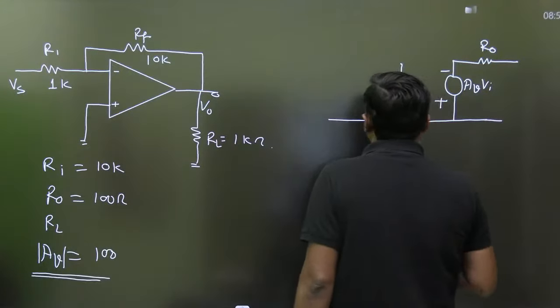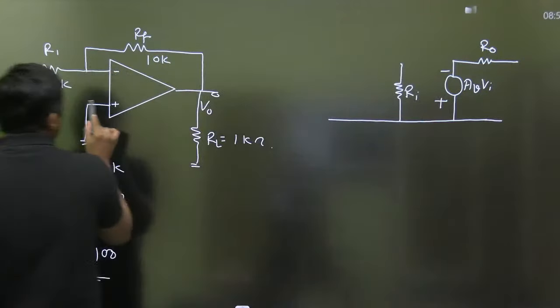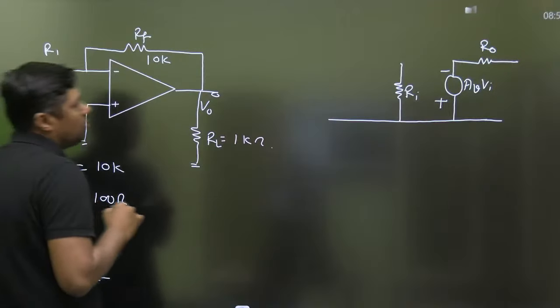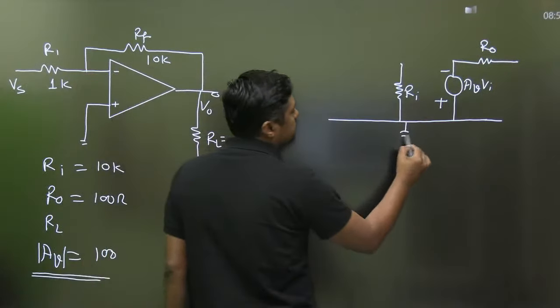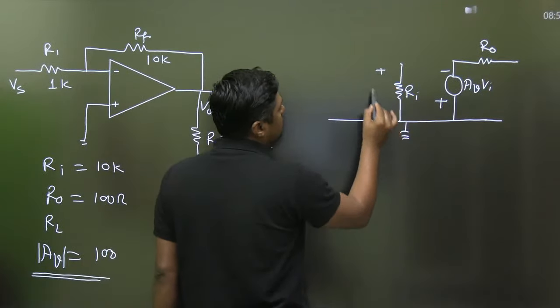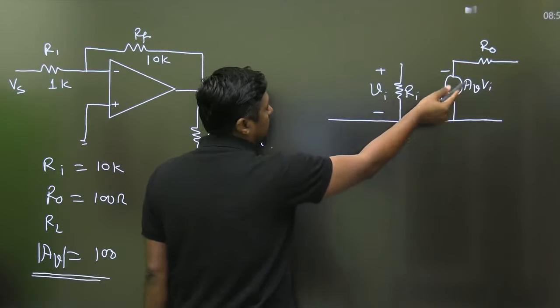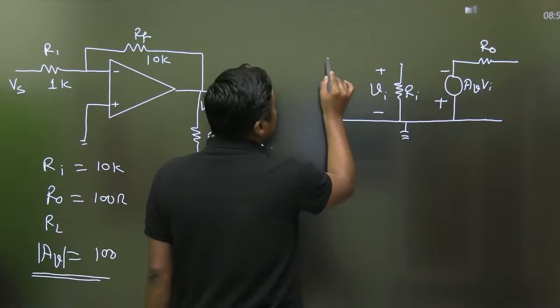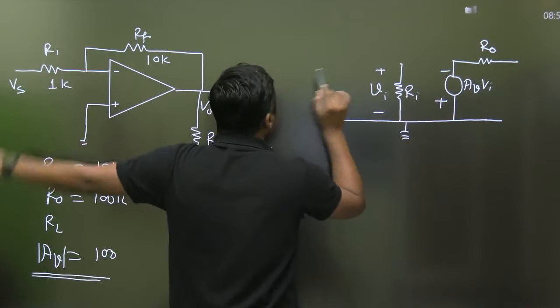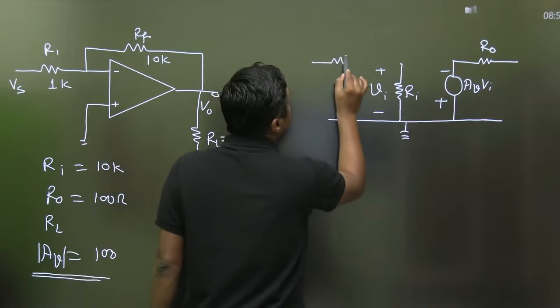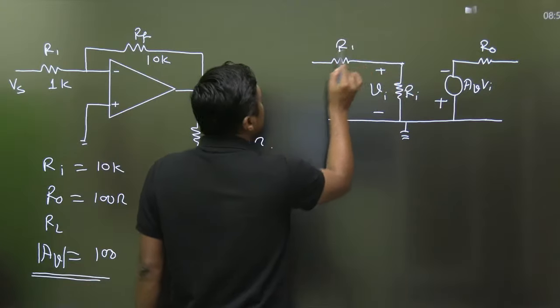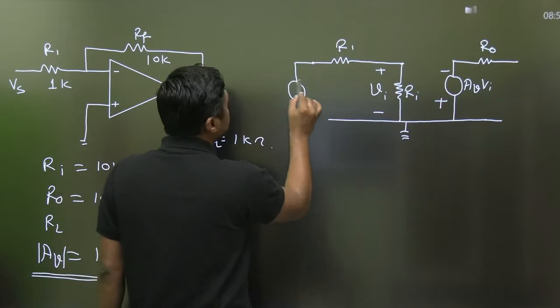Now try to understand. This terminal is connected to ground. What is the voltage from this point to this point? This is the Vi, because the 180 degree condition is already considered. Now here this R1 is connected, and this is Vs connected.